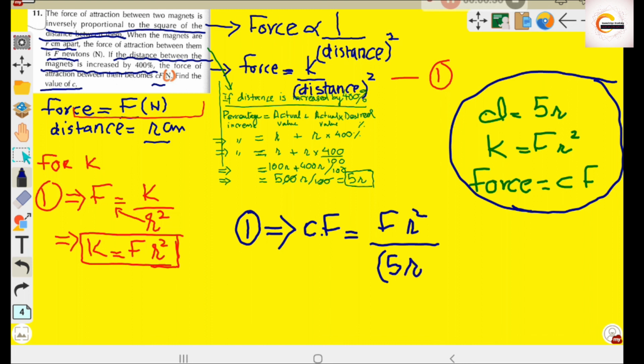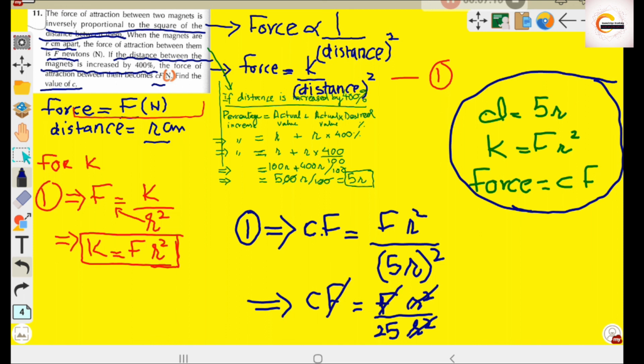Now CF is equals to F R square, and 5R whole square means 25 R square. Now R square cancels, and F and F cancel.